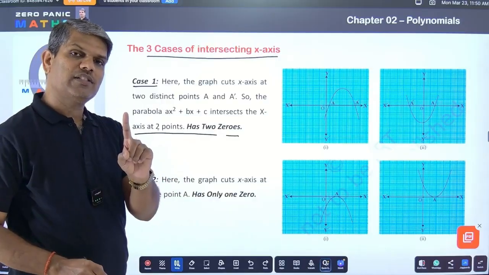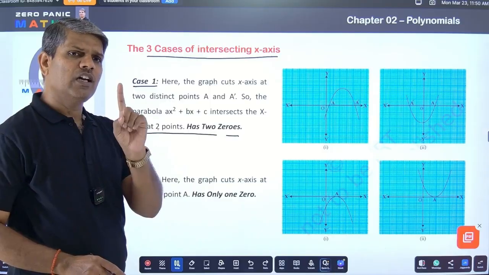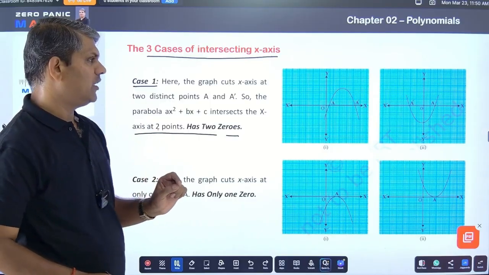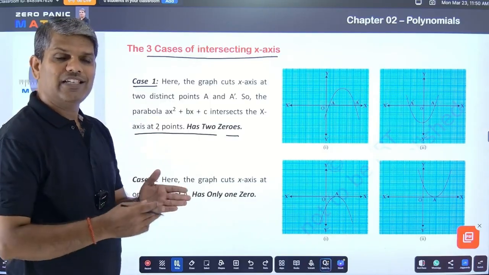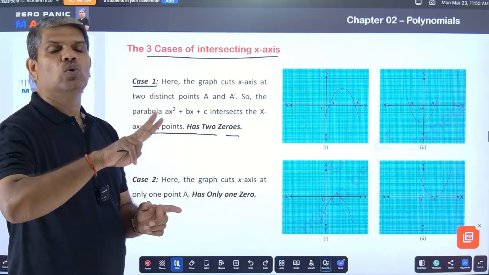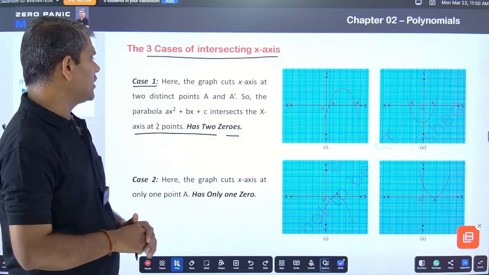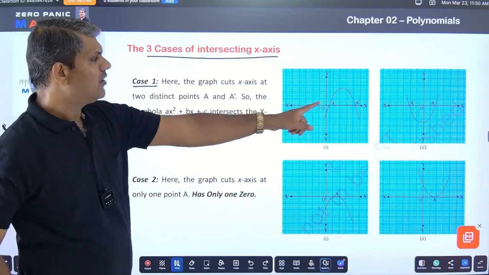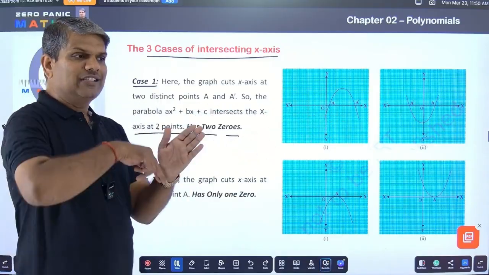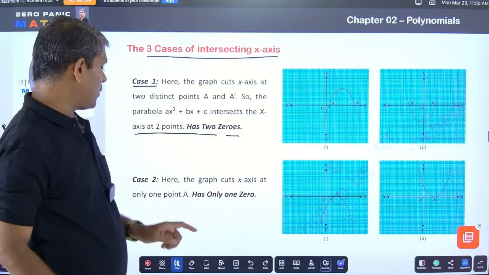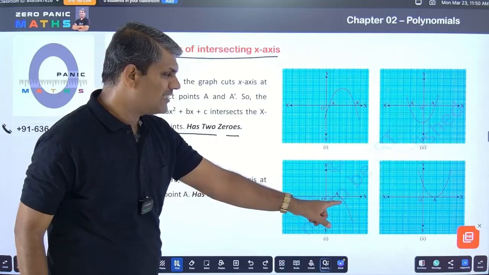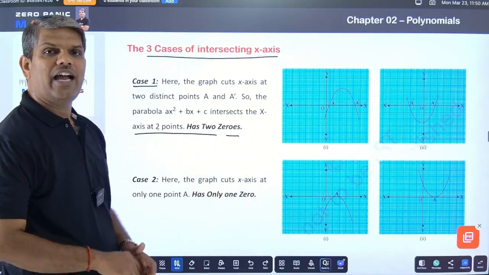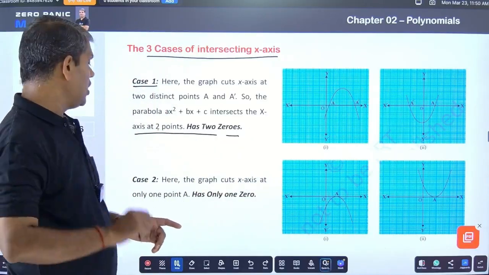So it is going to give us only one zero, because we know that it is going to give us at most two zeros for a quadratic polynomial. So case one, the parabola intersects the x-axis at two different points. Case two, the parabola just touches the x-axis and cuts it at only one point.